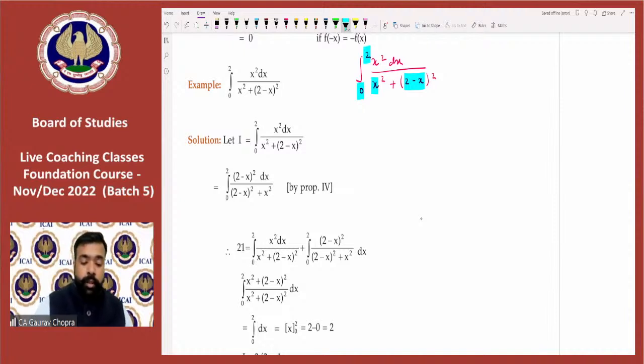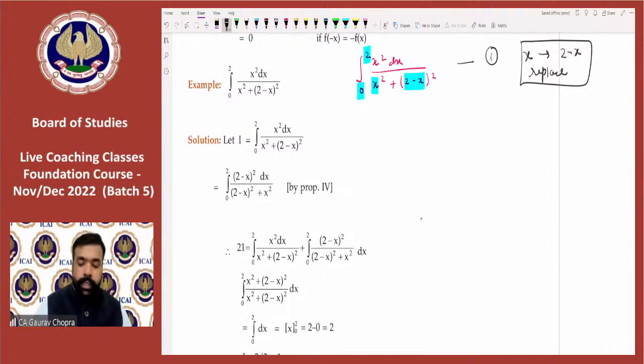Just by using that formula, we can replace x with 2 minus x. So let's do the replacement.